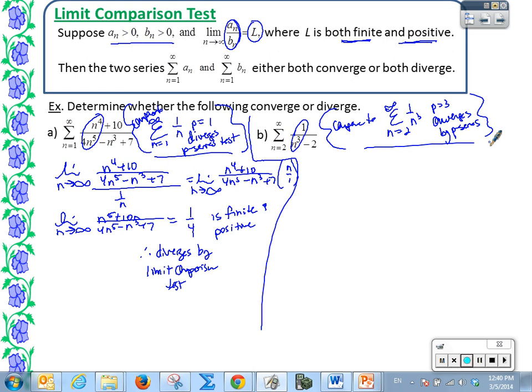So let's set up our ratio. The limit as n goes to infinity of 1 over n cubed minus 2 over 1 over n cubed. Okay, I'll rewrite that. Okay, what is that limit? That's going to be 1. 1 is finite and positive.